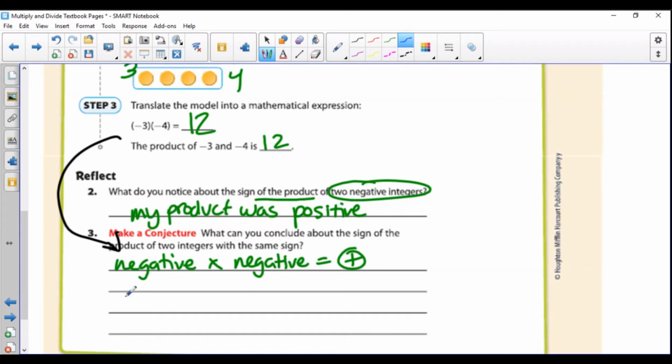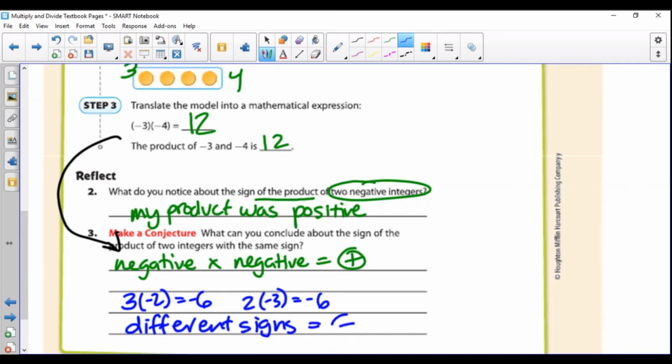In the other situation where I did 3 times negative 2, I got negative 6, or if I did 2 times negative 3, I still got negative 6. So I'm noticing that when I'm multiplying 2 numbers with different signs, my answer would be negative.